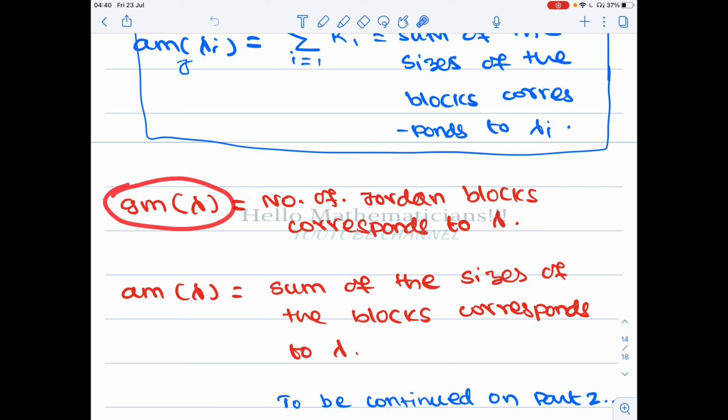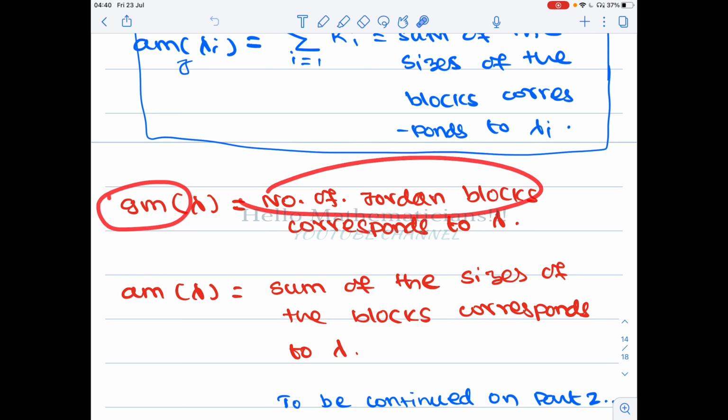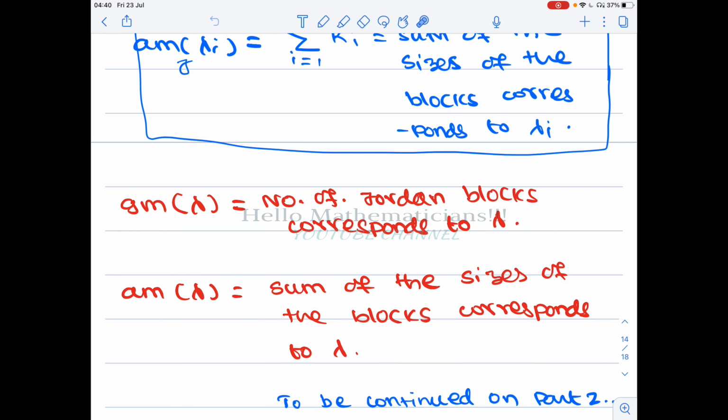The geometric multiplicity of an eigenvalue lambda in a Jordan matrix is equal to the number of Jordan blocks corresponding to the eigenvalue. Similarly, the algebraic multiplicity of an eigenvalue in a Jordan matrix is equal to the sum of the sizes of the blocks corresponding to lambda. Geometric multiplicity is the number of blocks, algebraic multiplicity is the sum of the sizes of the blocks. That is the way to understand it.